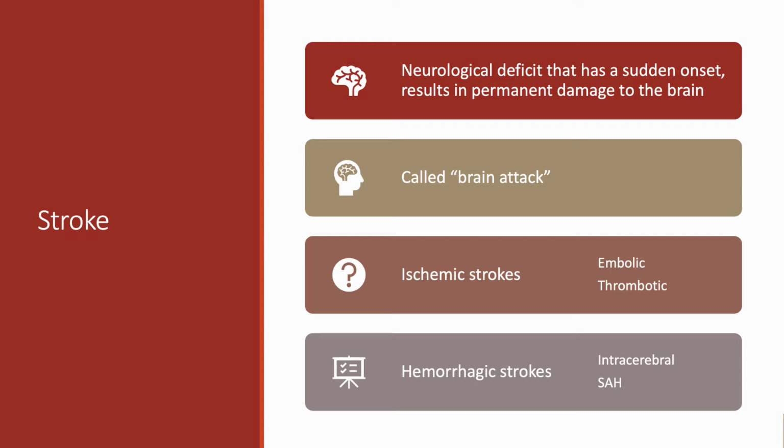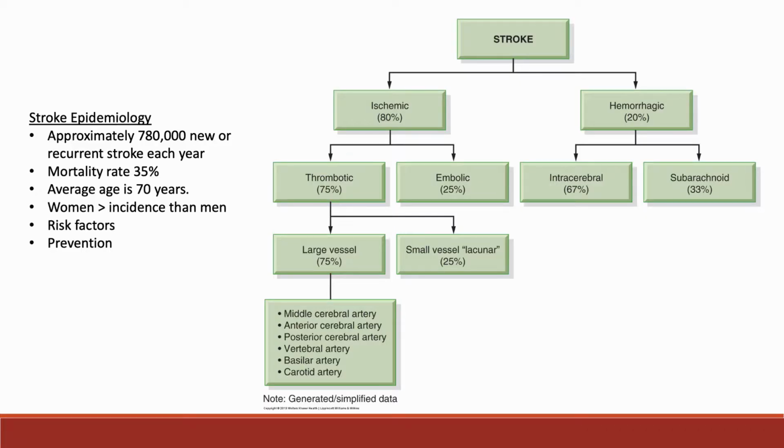And that's the idea behind a brain attack. There are two kinds of strokes. There's ischemic strokes, where there's a lack of blood flow to a particular area. And then there's hemorrhagic strokes, where there's actual bleeding into the brain. And it's important to differentiate which is which. So about 80% of strokes are ischemic in nature.